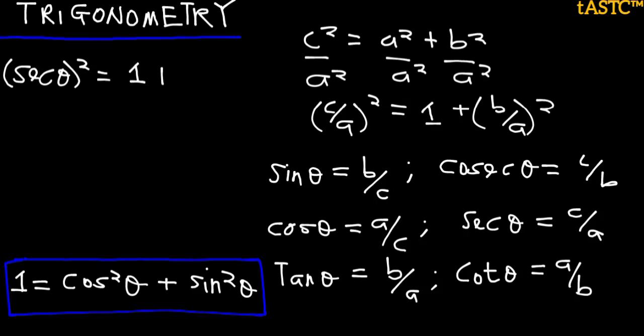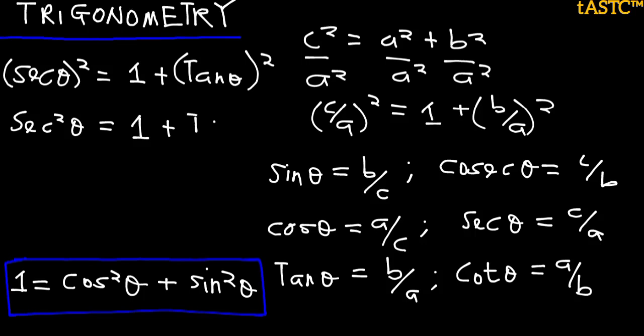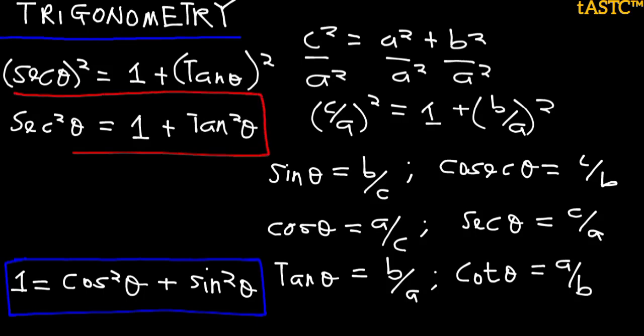That is equal to 1 plus (b/a) squared. Now b/a is actually tan theta, so this is tan theta all squared. So here now we should have secant squared theta, and that will be equal to 1 plus tan squared theta.